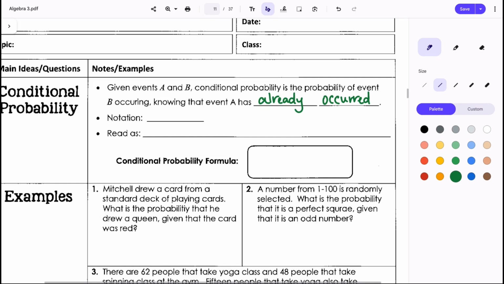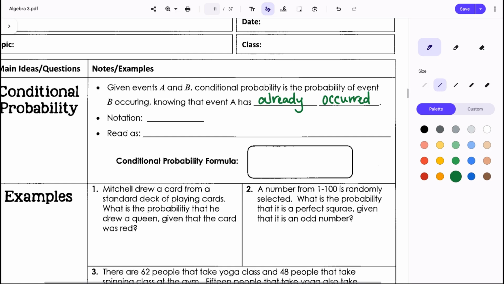So conditional means, what are the chances of the second thing happening if I know what happened in my first situation? You'll see that the wording is a little different in these problems. It's going to say, find the probability of this given that this happened. That's what makes this conditional versus theoretical like we saw last week.